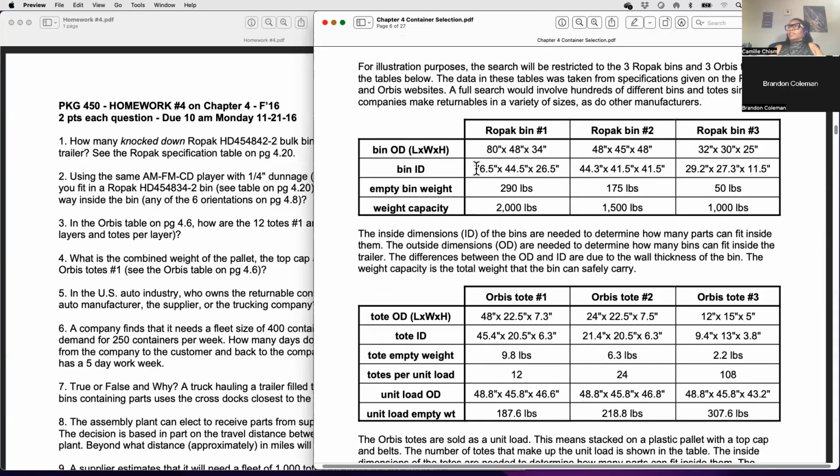So for bin 1, it was 76.5 by 44.5 by 26.5. However, now that we're taking the bin, and when we went to see how many parts we were fitting in, we used the absolute largest size, including the thickness for the dunnage. So we were using the outside dimensions for what was going into that bin. Now we're taking the bin, we're using the outside dimension because that's the worst case, that's the biggest scenario.